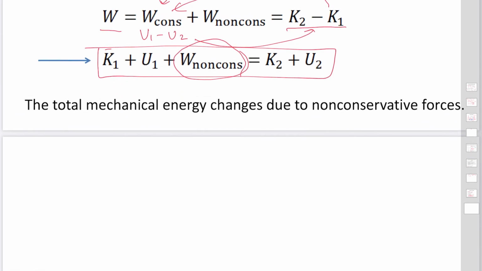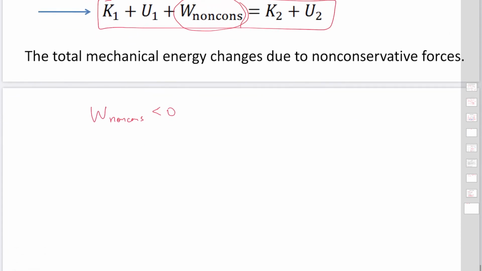For example, consider the situation where W non-conservative is negative, like friction. A particle or object is moving to the right with speed v. Then a frictional force is acting on this object.